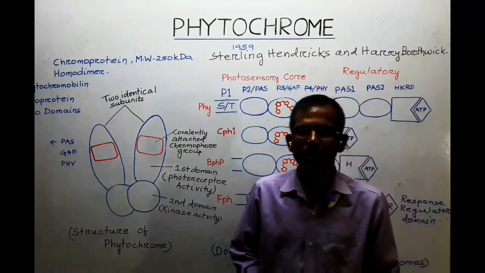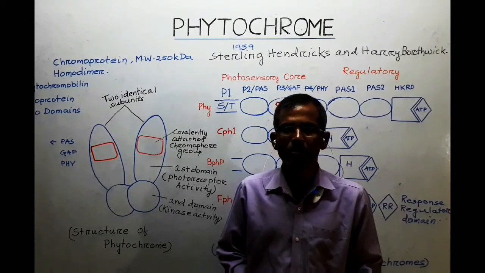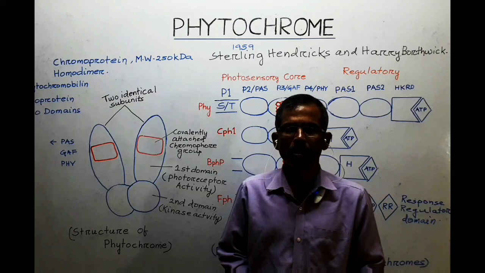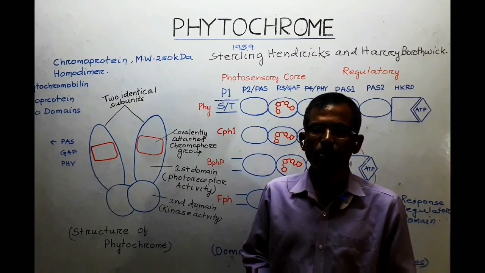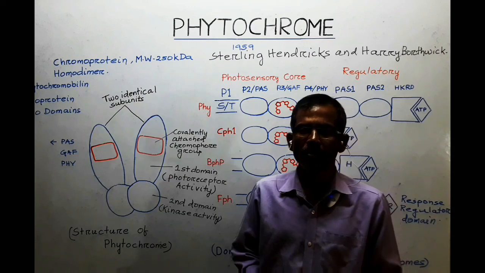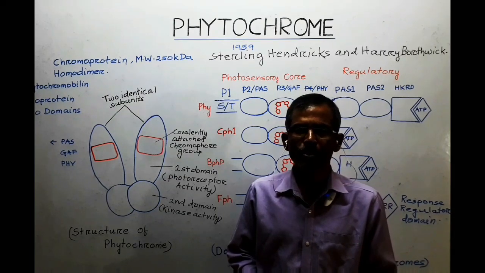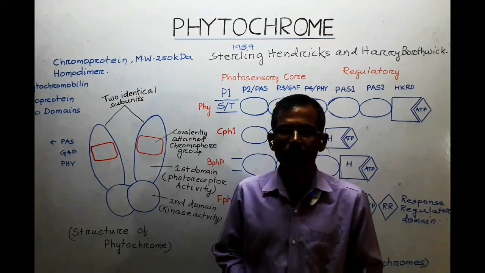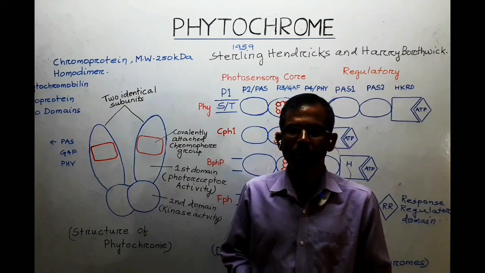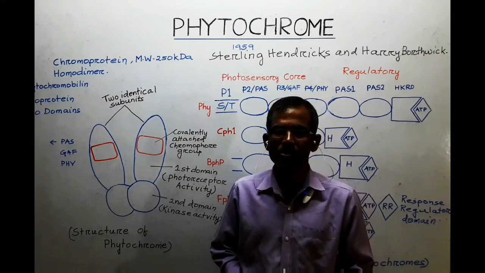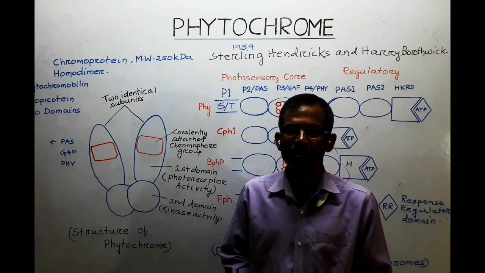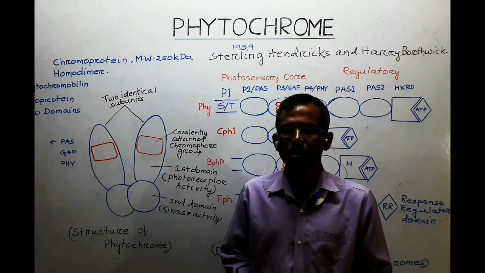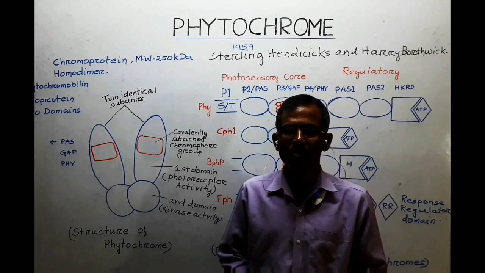Friends, today we shall discuss the structure and function of phytochromes. Phytochromes are a widespread family of red and far-red responsive photoreceptors. They were first discovered in plants, where they constitute one of the three major classes of photomorphogenesis regulators.